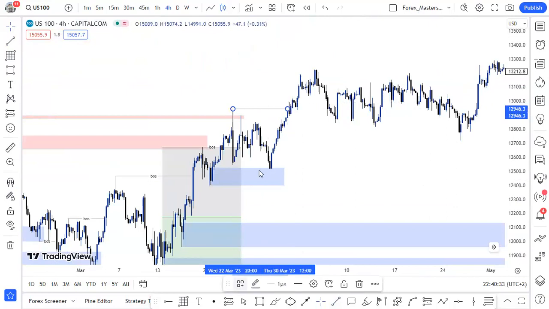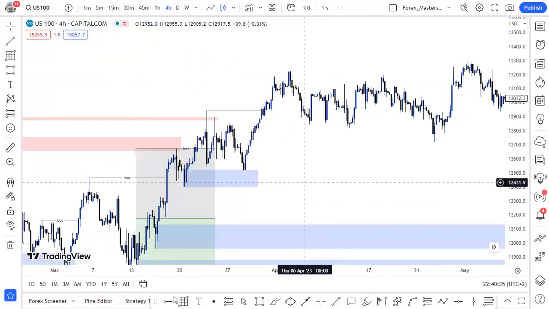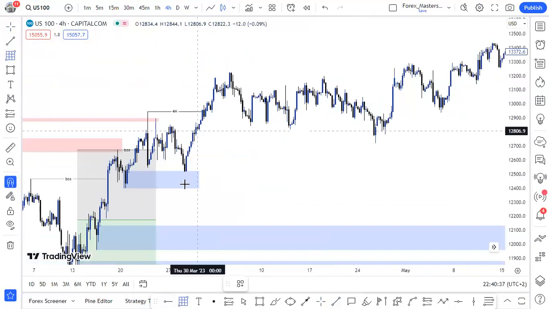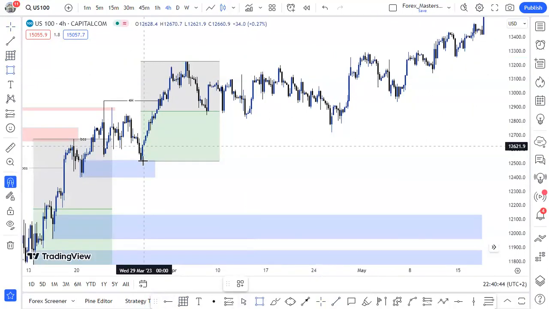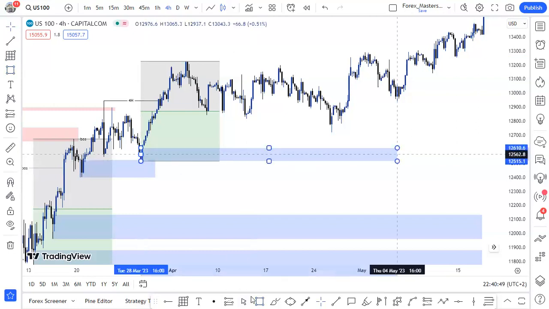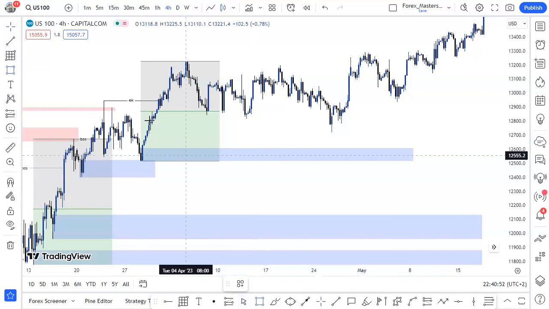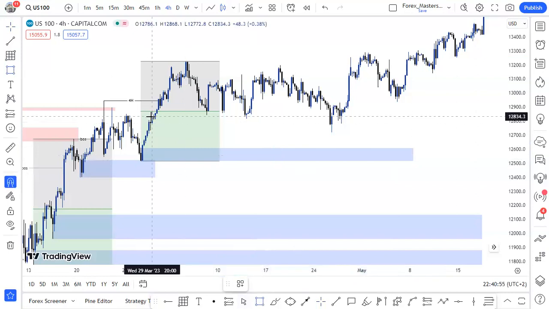And after we have a break of structure, the next thing that you need to do is, again, you pick your gun box just like that, and you wait for price to come into your discount zone. Right here, we have that zone, and then we can also have this zone right here.